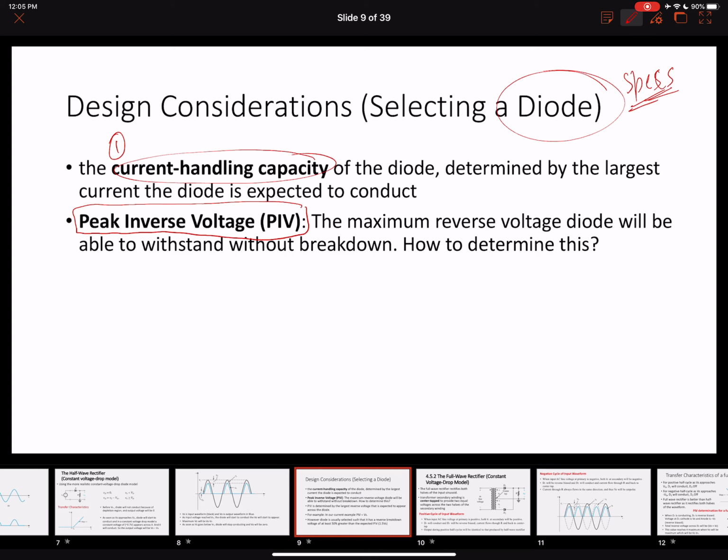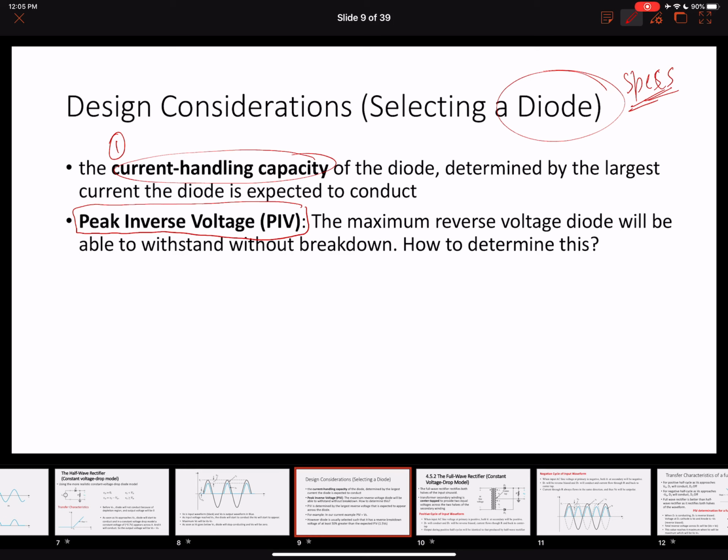So we need to determine that voltage. We need to select a diode such that whatever the maximum reverse voltage that will appear across the diode, our diode should be able to handle that reverse voltage without breakdown. And that is important. We don't want the diode to go into breakdown.